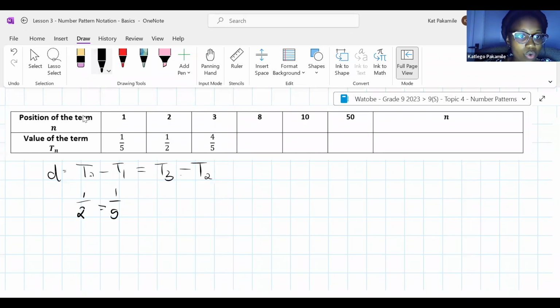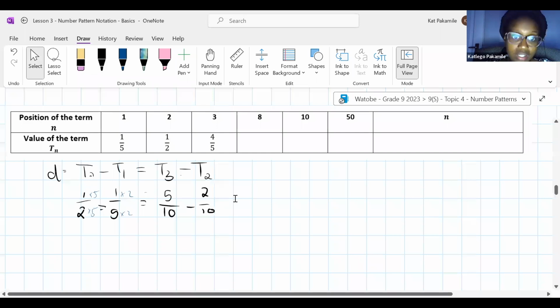In order to compare these, they need to be at the same denominator. So this is going to be times 5, times 2. So we are subtracting 5 over 10 minus 2 over 10. So our constant difference is 3/10, superstars, or 0.3.